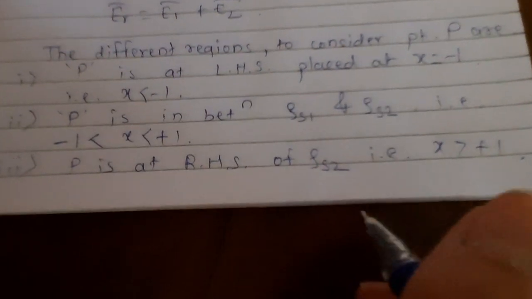So these are the three conditions. Now in every region, both charge densities produce E bar.